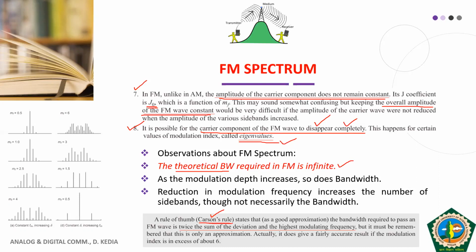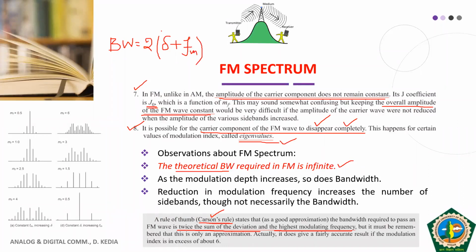According to Carson's rule, the bandwidth of a frequency modulated signal is twice the sum of the deviation and the highest modulating frequency. So Carson's rule defines bandwidth as twice of delta plus FM.